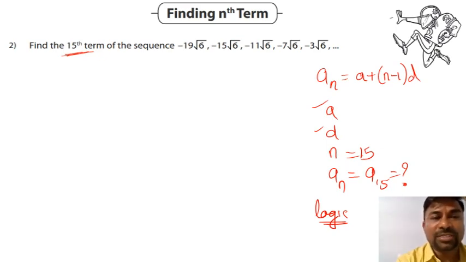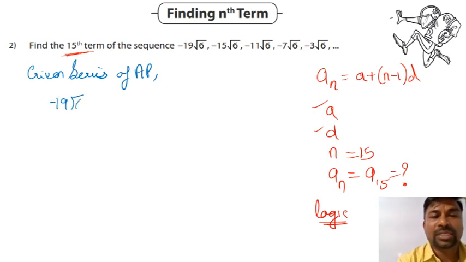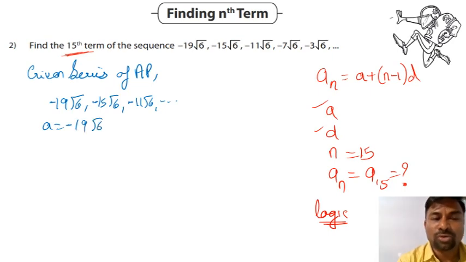The given series of AP. What is the series there? Minus 19 root 6, minus 15 root 6 and minus 11 root 6 and so on. From here we can say a is equal to minus 19 root 6 and a2 equals minus 15 root 6.